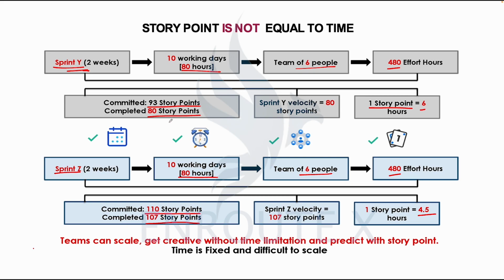But what you need to note is that story point is different from estimation in time. When we get to the practicals, we would demonstrate it in the course of the sprint.